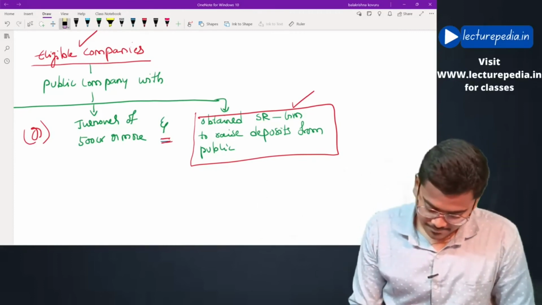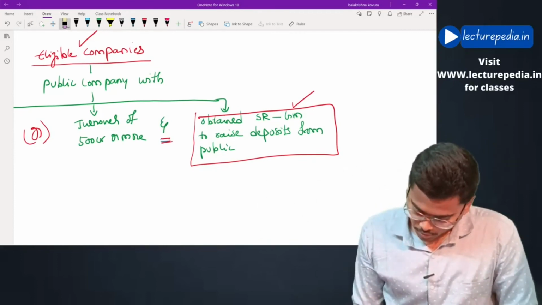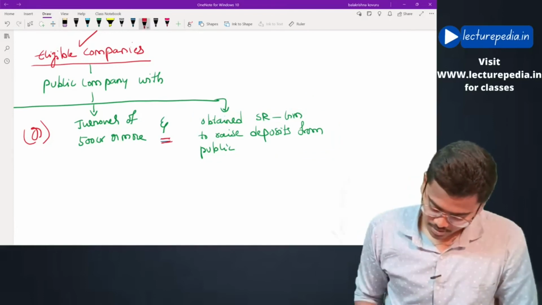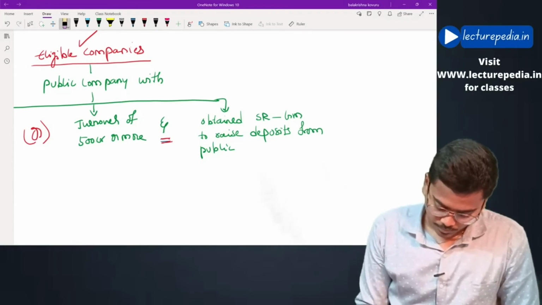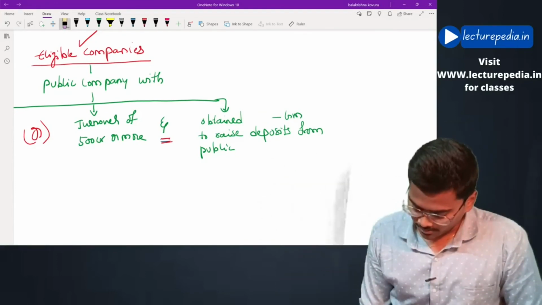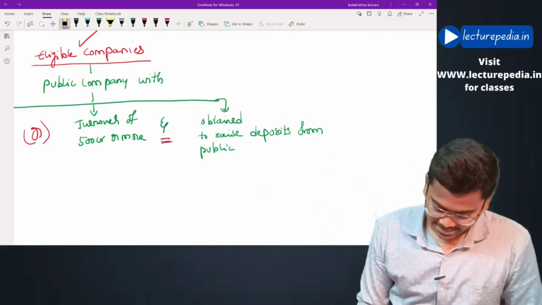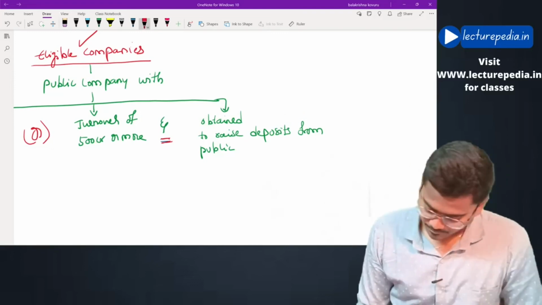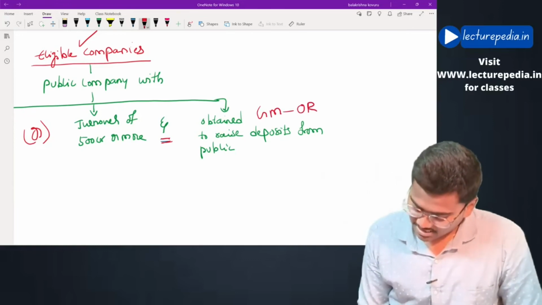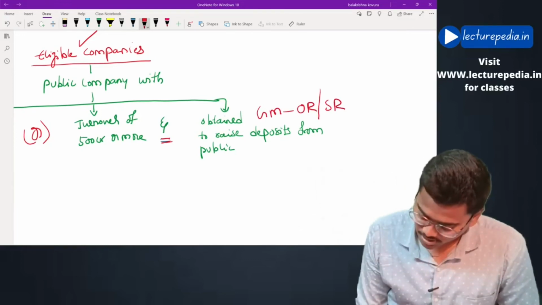In this point I have discussed as general meeting special resolution. Now you strike it off and make it as general meeting ordinary resolution or special resolution.